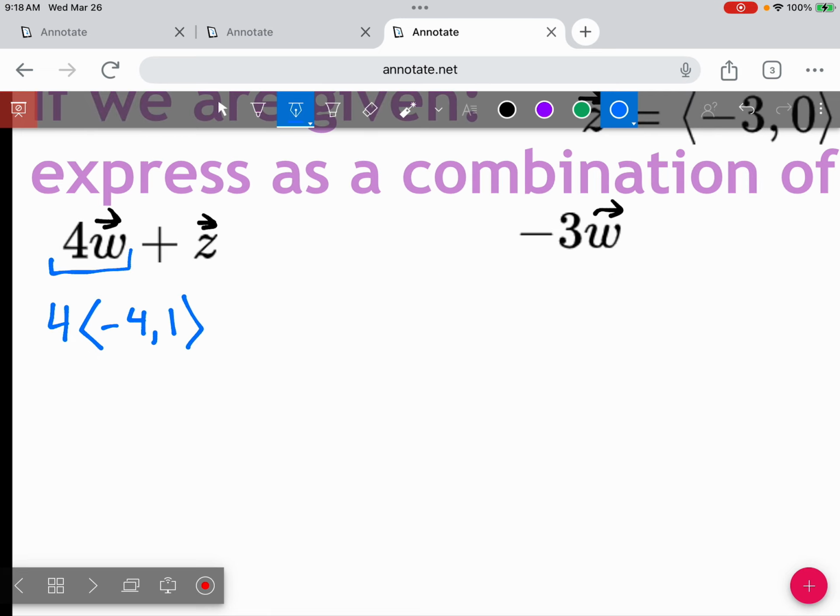And our scalar multiplication, that's what this is, means we're going to take this 4 times both pieces. It feels just like distribution. So 4w is the exact same thing as -16, 4.